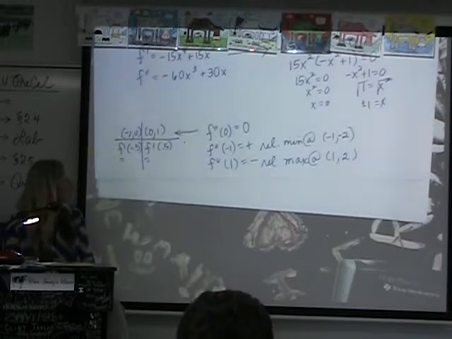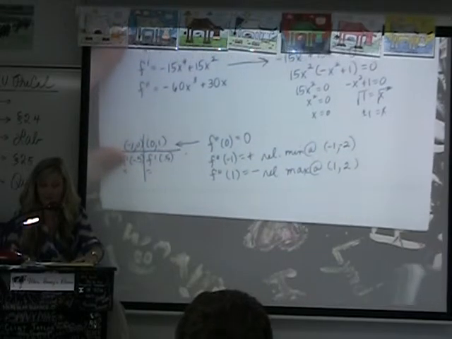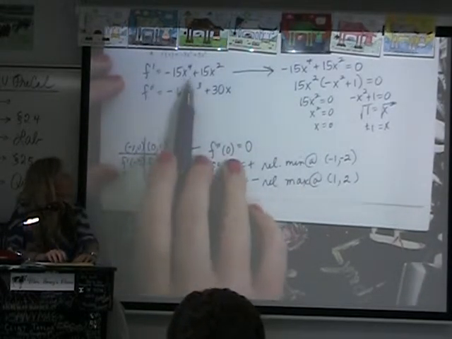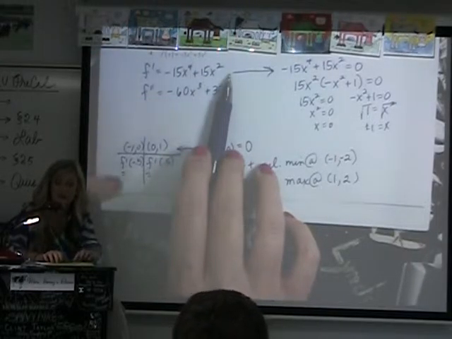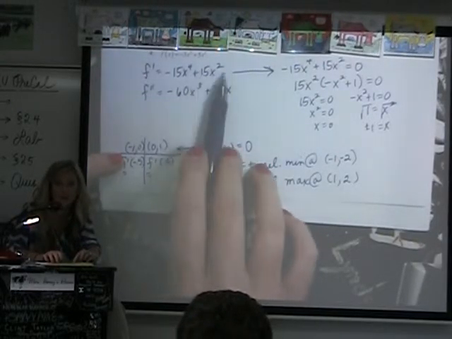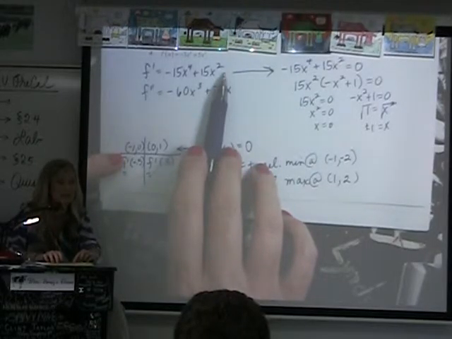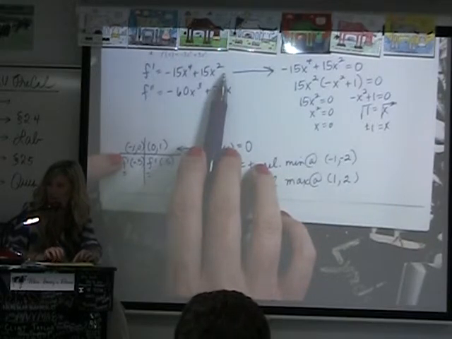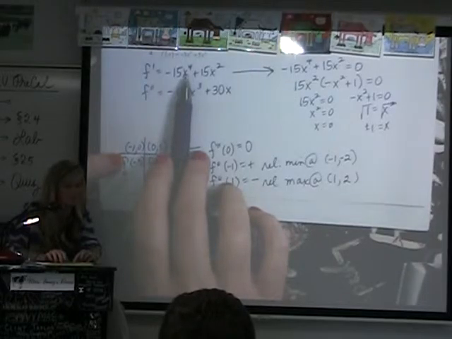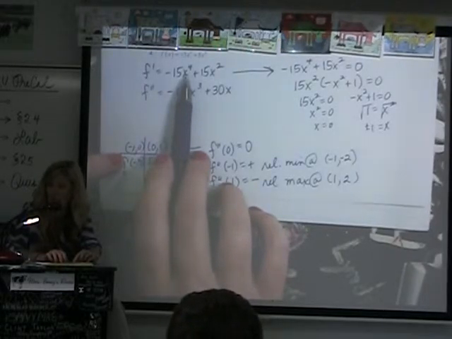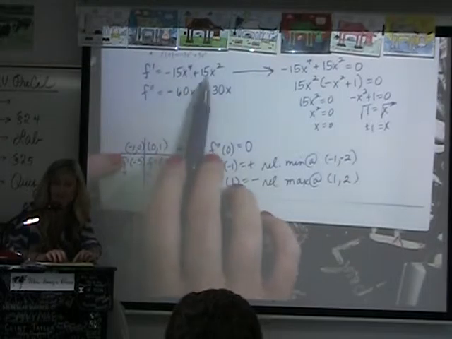It really wouldn't matter, because if you look at f prime, they're both being raised to an even power. So negative 0.5 and positive 0.5 are going to have the same sign. It turns out that they're both positive, but you technically wouldn't even have to check it, would you? If you just think about the fact that when you raise negative 0.5 to the 4th power, you get the same thing as when you raise 0.5 to the 4th power. Same thing with squared.